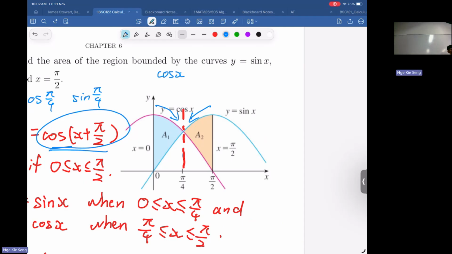For example, you want cos 0 to be equal to sine power 2, and then you want cos of power 4 equal to sine power 4.